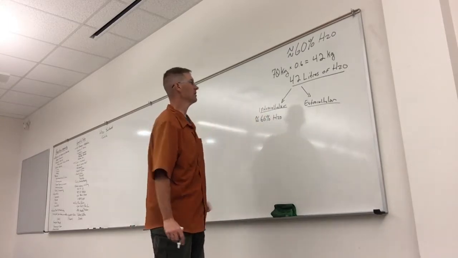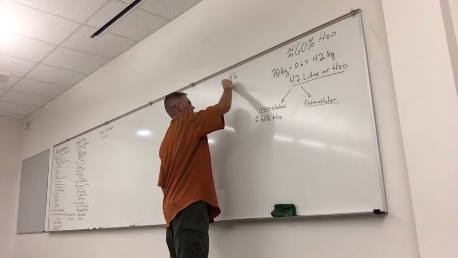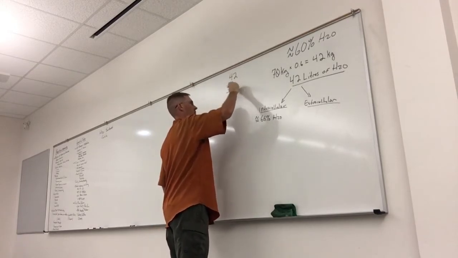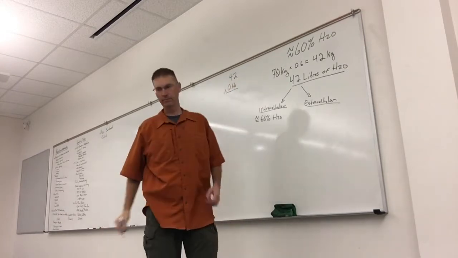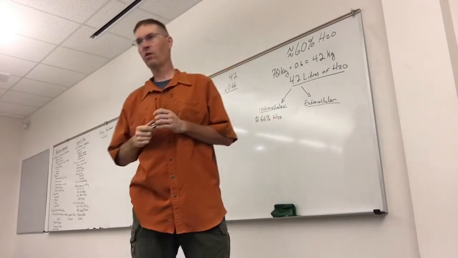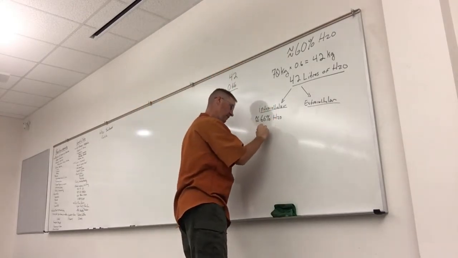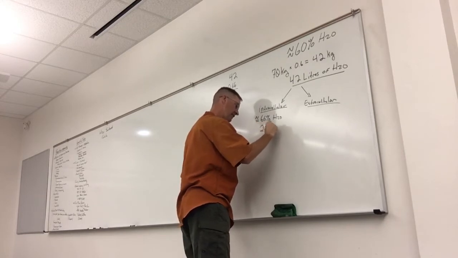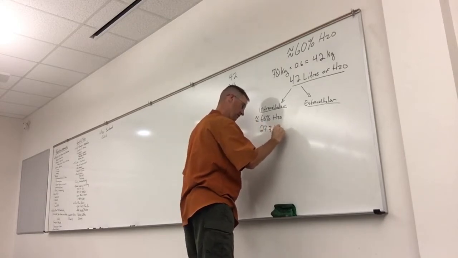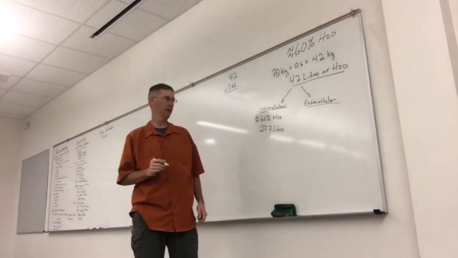What is 66% of 42 liters? So 42 multiplied by 0.66, right? What does that give us? About 28, right? 27.7 liters of that 42 exist within the cells.